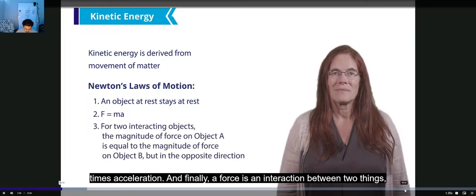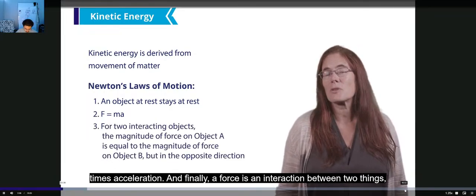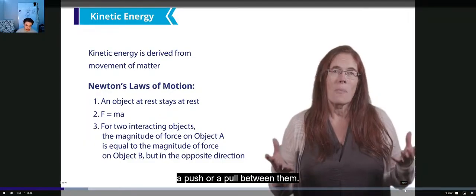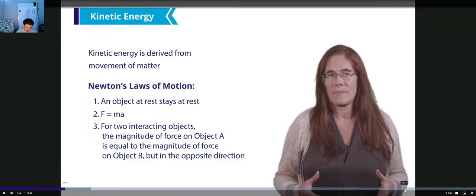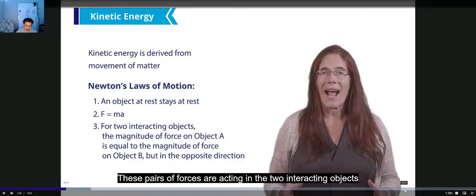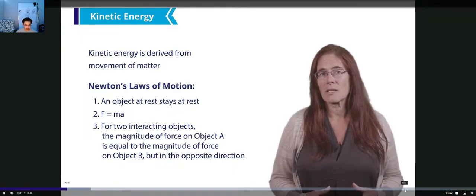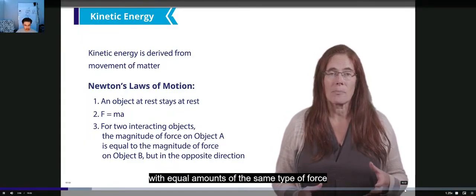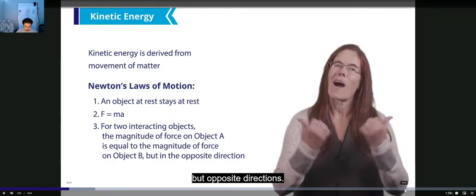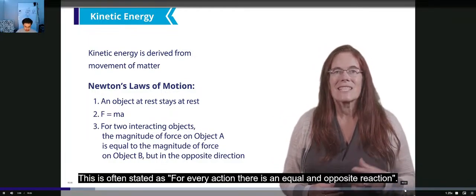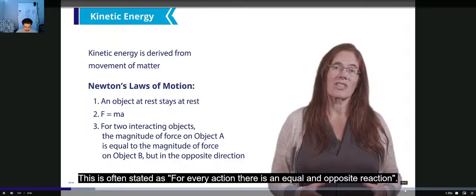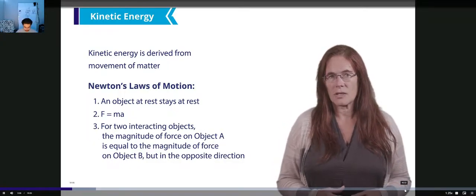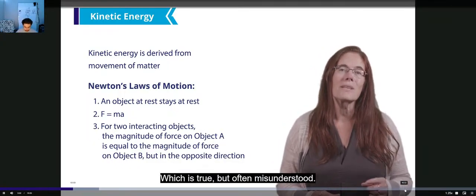And finally, a force is an interaction between two things, a push or a pull between them. These pairs of forces are acting in the two interacting objects with equal amounts of the same type of force, but opposite directions. This is often stated as, for every action, there is an equal and opposite reaction, which is true, but often misunderstood.